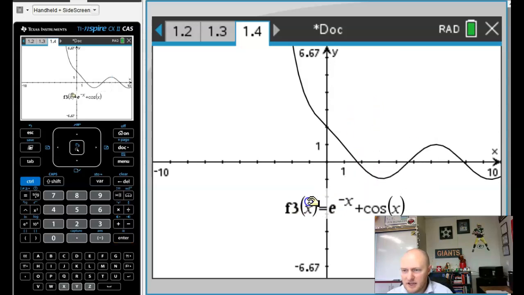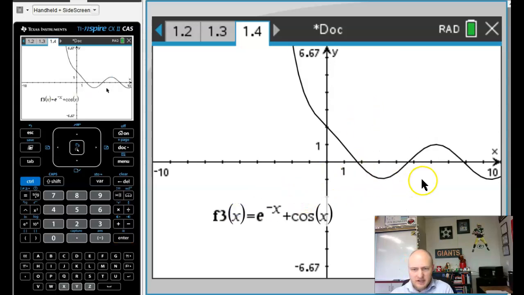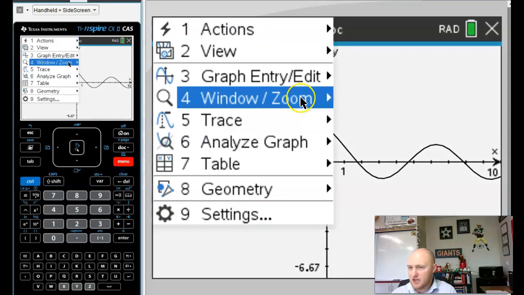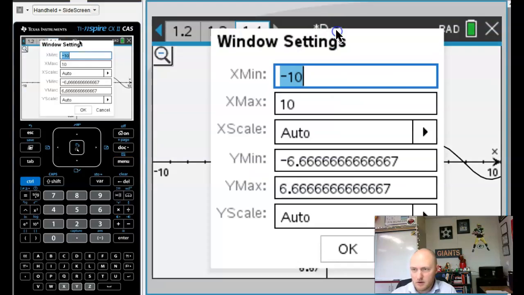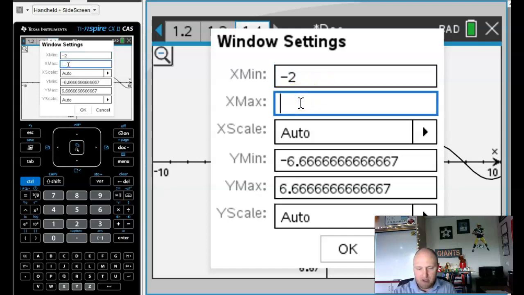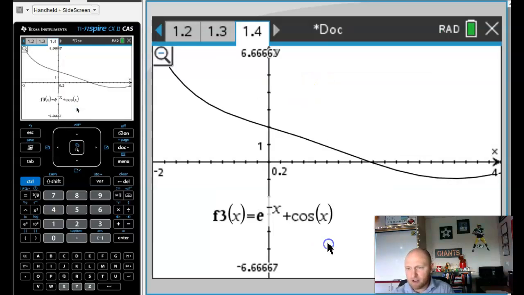And here is our function. So -2 to 4. I'm going to go ahead and adjust my window. Make sure that you're aware where your window starts and where it ends, because they can go ahead and have extra stuff there. So -2 to 4. Okay, so there's my graph.